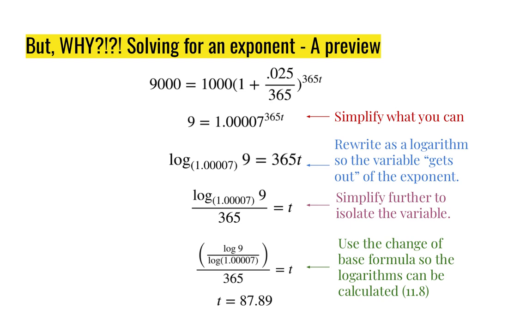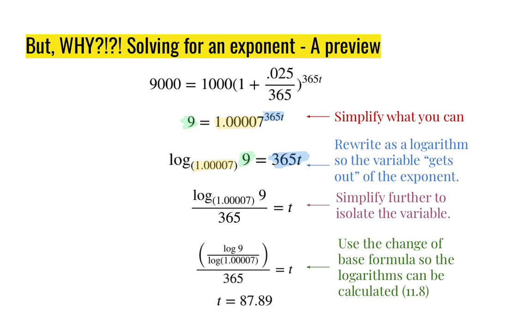Now I just have that basic exponential expression that we talked about before, where I've got some base with an exponent equals something. So I'm going to rewrite that as a logarithm with a base. Here's the exponent now, and here's the something.